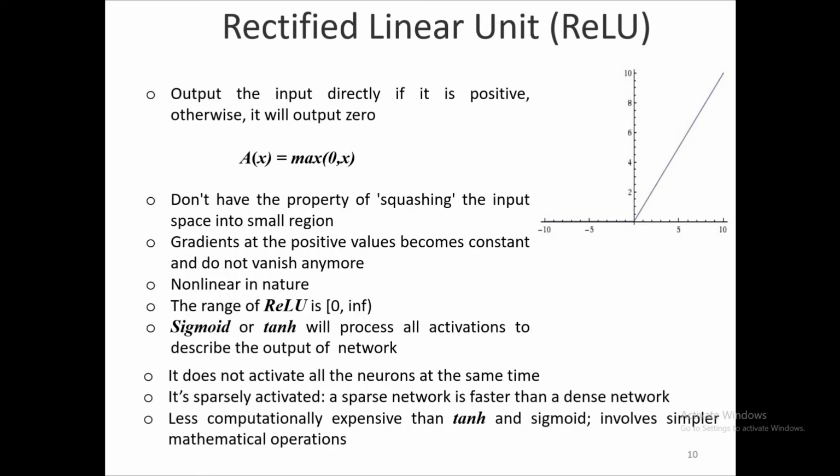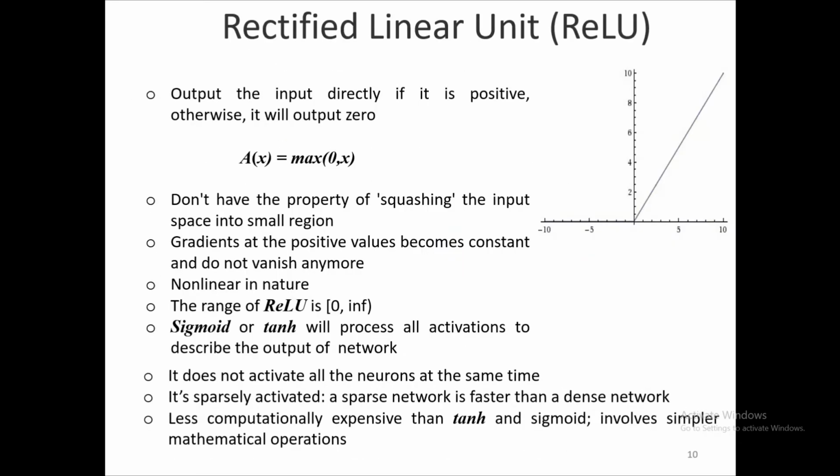For an input less than 0, it will give the output 0. So it's sparsely activated, and a sparse network is faster than a dense network. It's also less computationally expensive than tanh and sigmoid, because it involves simpler mathematical operations.